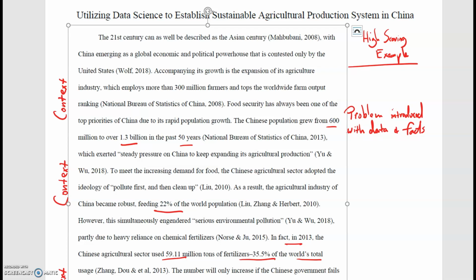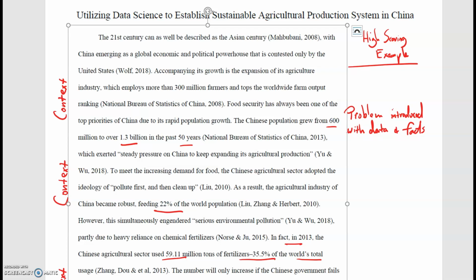All right, intro. The 21st century can as well be described as the Asian century, with China emerging as a global economic and political powerhouse that is contested only by the United States. Accompanying its growth is the expansion of its agriculture industry, which employs more than 300 million farmers and tops the worldwide farm output ranking. Food security has always been one of the top priorities of China due to its rapid population growth.